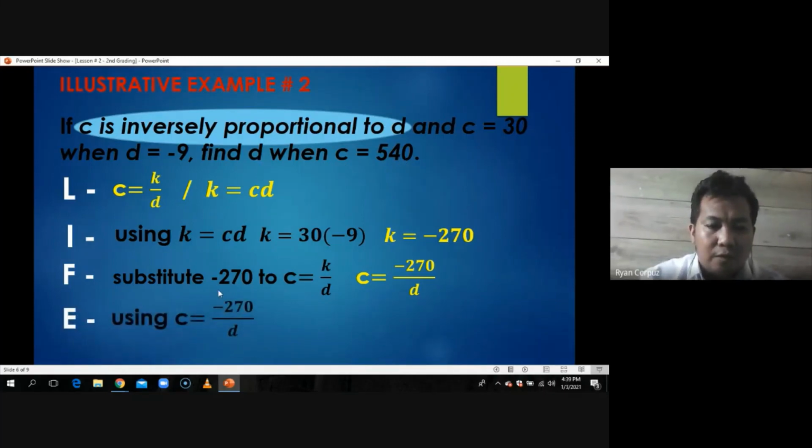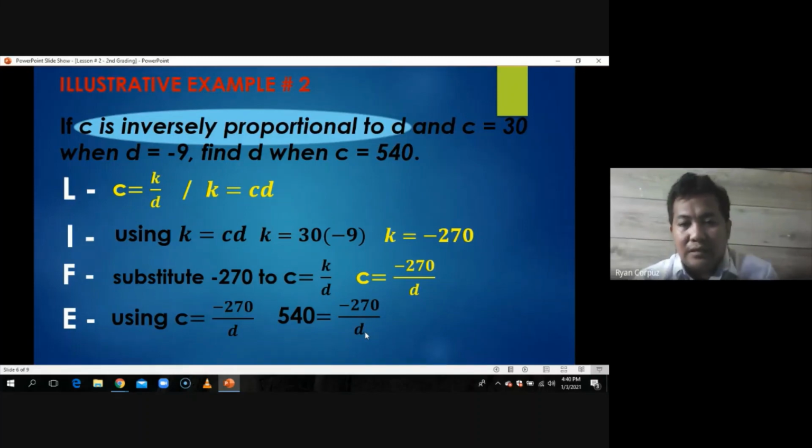Using the new form equation na C is equal to negative 270 over D, what we are looking for is D. So even though we are looking for the value of D, ito pa rin yung gagamitin natin, that same equation that we formed on step number 3. Substitute lang natin. So C in the problem given is 540 equal to negative 270 over D. Paano ba natin gagawin yun? You can do cross multiplication.